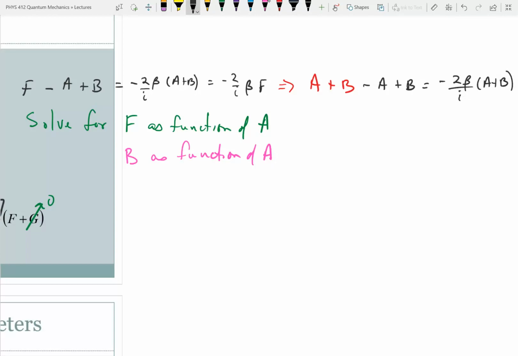Now you notice the A's subtract out, and we're left with 2B equals minus 2 beta over I A minus 2 beta over I B. Any genius knows to cancel those 2's. And now what do you do? We're one step pretty much away here. Add B over and then factor it out and divide by 1.